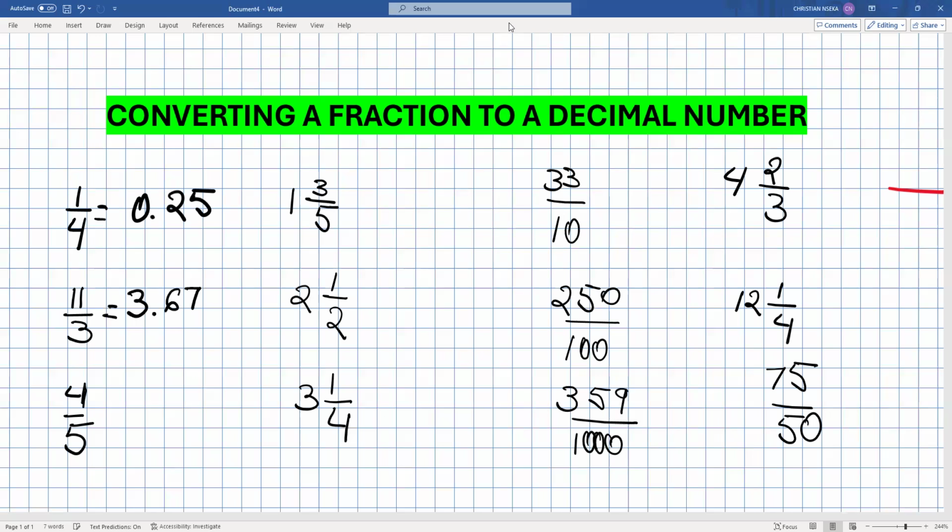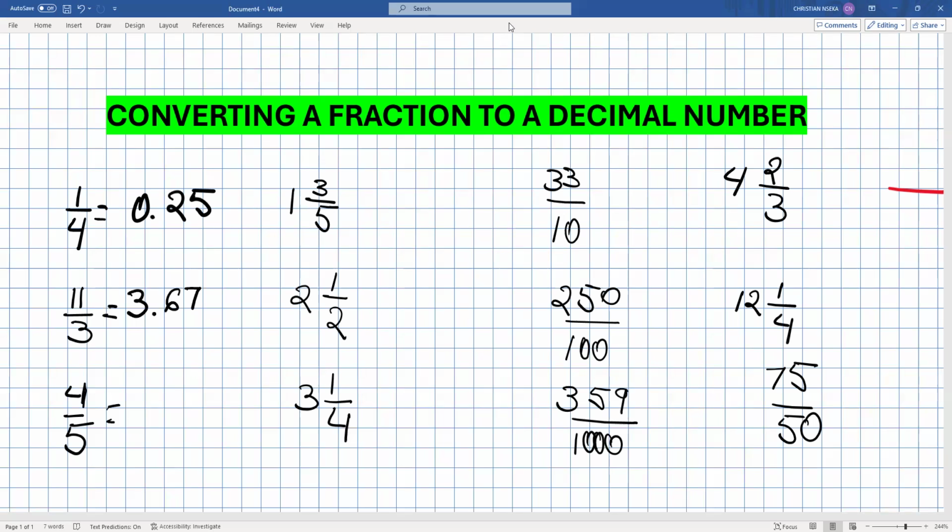All right? Let's do 4 divided by 5. What kind of fraction is this? This is a proper fraction. Remember, whenever you're converting a proper fraction to a decimal number, your result is always going to be less than 1. If you're converting an improper fraction to a decimal, your answer is going to be greater than 1.